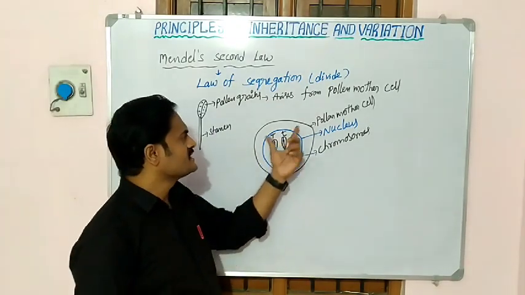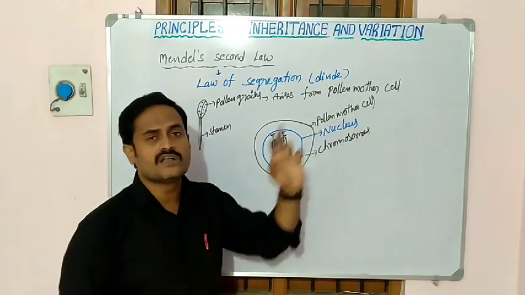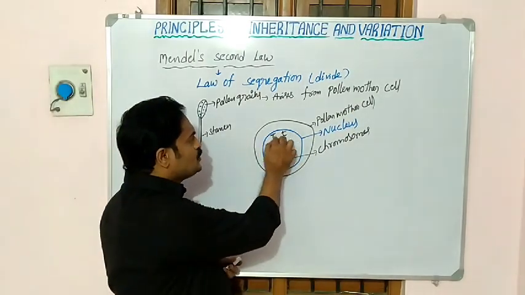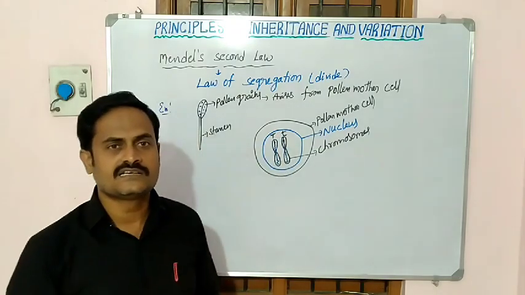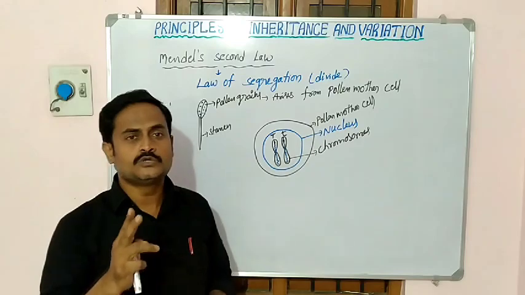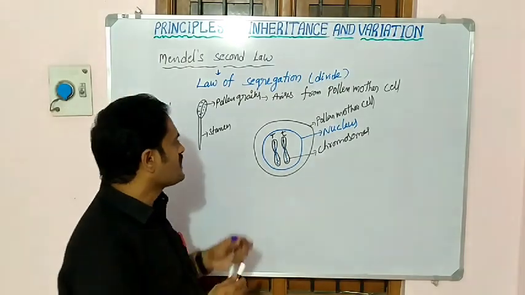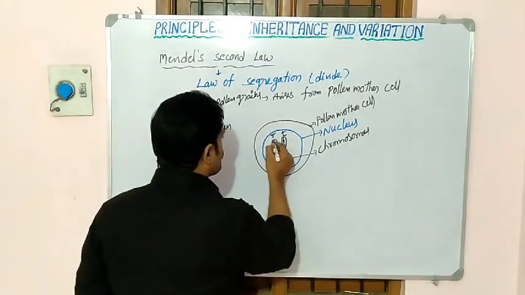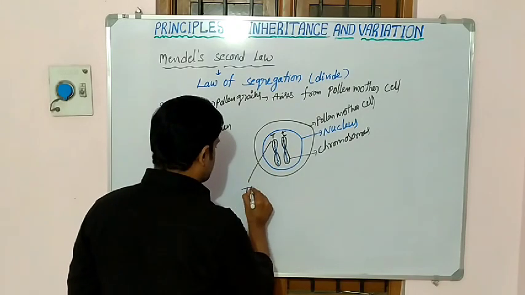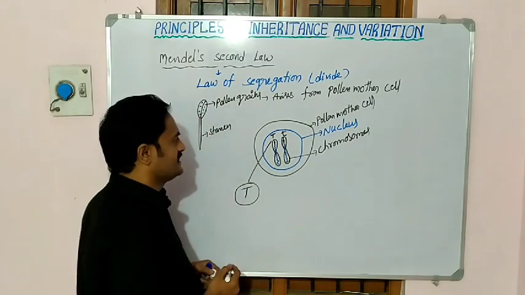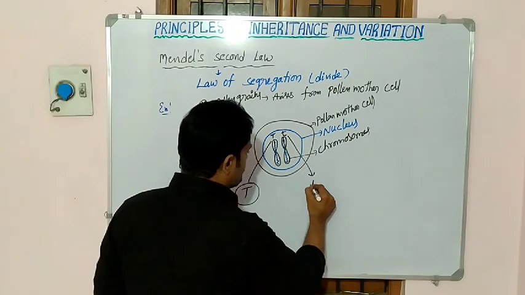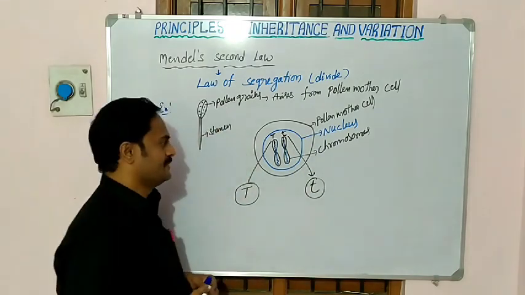This arrangement we see in the pollen mother cell. Then these two different alleles start producing two gametes. What kind of gametes? From this chromosome, capital T, this is one gamete, and this chromosome, small t, is one gamete.